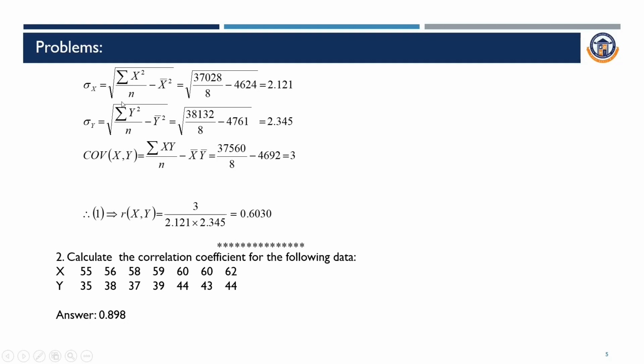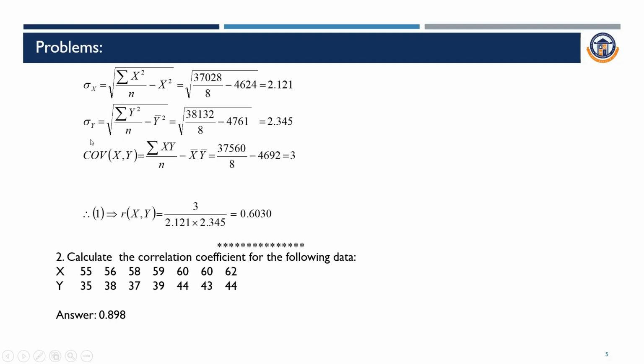After calculating x bar and y bar, we find sigma x, sigma y and covariance. Here we write the summation x square value from the table, 37,028 divided by 8 minus x bar square. We square this x bar, so the answer is 4624. Then finally we take the square root, answer is 2.121.